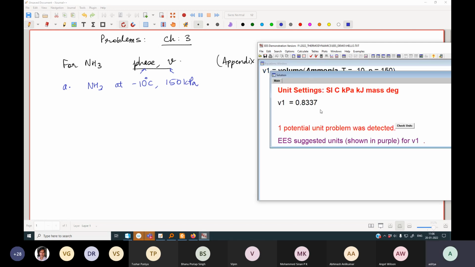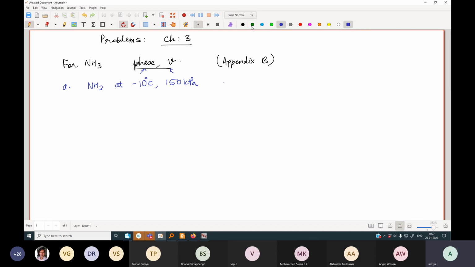When we run it, we get a specific volume of 0.8337. Okay, so I'm gonna write down the computer answers in red. 0.8337 meter cube per kg.